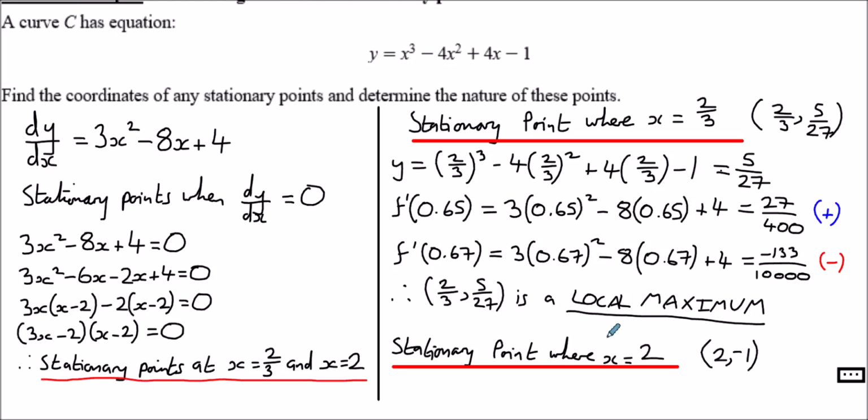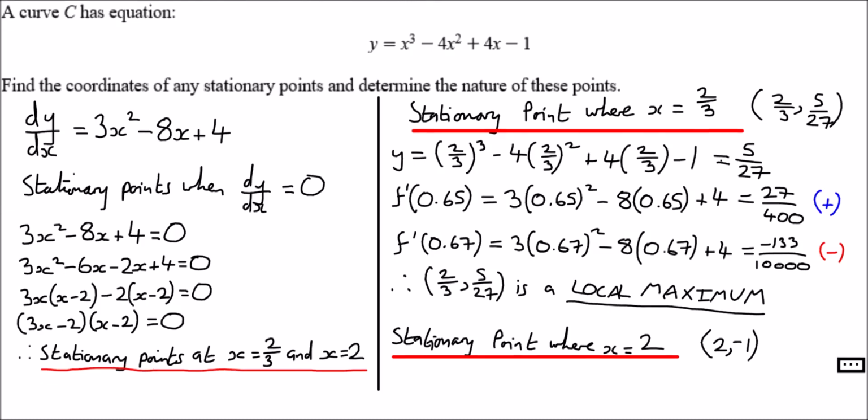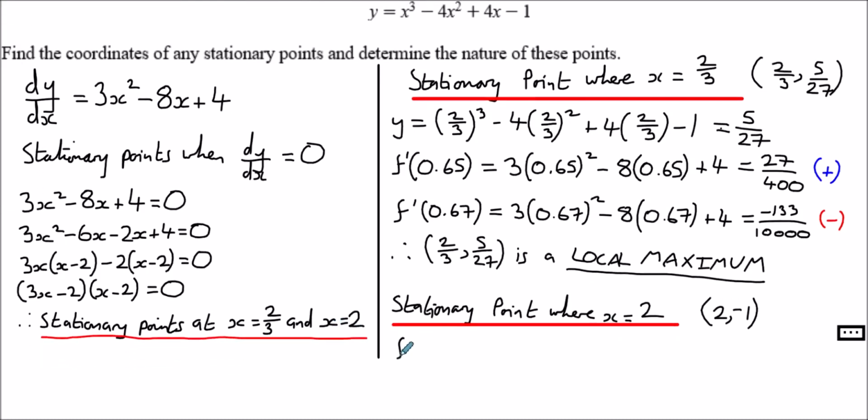So we just need to pick two values either side of when x is 2. So what I'd suggest doing would be picking 1.99 and 2.01 and evaluating the gradient at those 2 points. So let's try when x is 1.99 and working out the gradient there. So when x is 1.99, the gradient function would be 3 lots of 1.99 squared minus 8 lots of 1.99, and then we'd have plus 4, because we have plus 4 here.